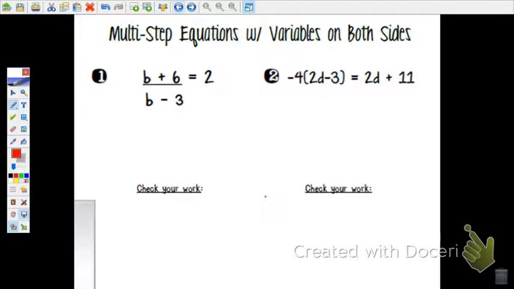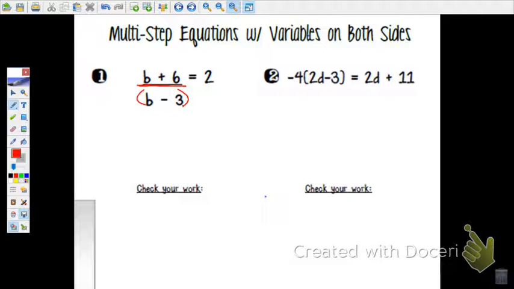So I've got this fraction bar, which is my grouping symbol. So instead of dividing, what do I need to do? I need to multiply both sides by, what is it I'm trying to get rid of? I'm getting rid of this denominator.